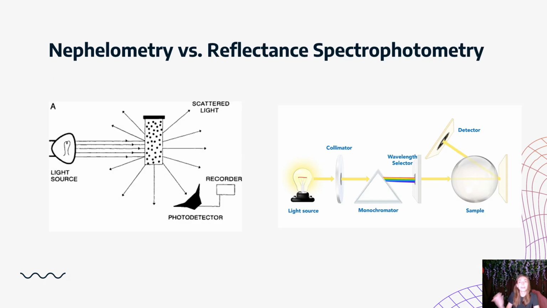What is the difference between nephelometry and reflectance spectrophotometry? Like we said, reflectance spectrophotometry is also taken at an angle, right? Reflectance is not based on scatter, though. It's based on a very precise redirection of light. So this, your collimator, condenses your light down into a very specific size.